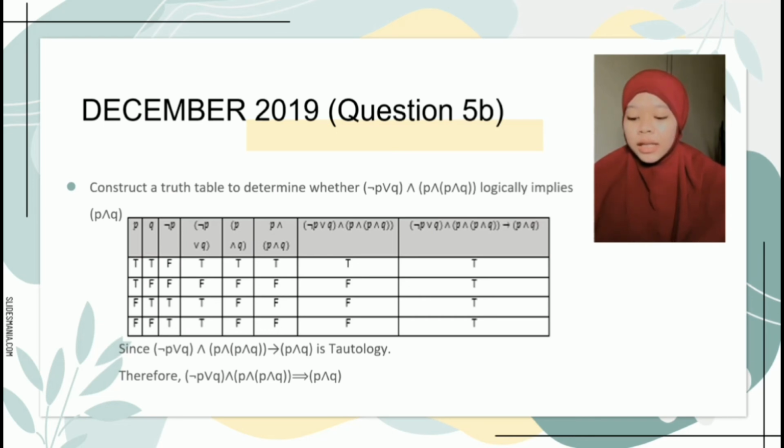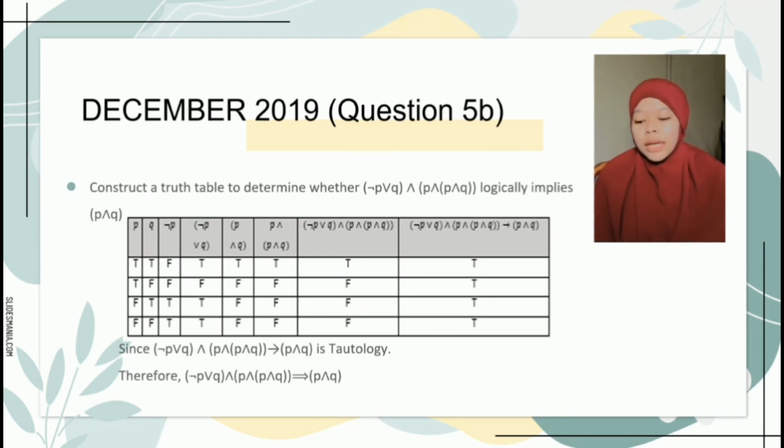So here, false or true is true. For row 2, negation P is false and Q is false, and false or false we get false.